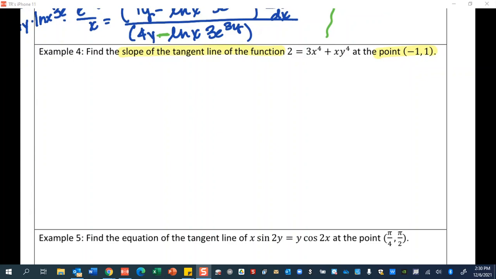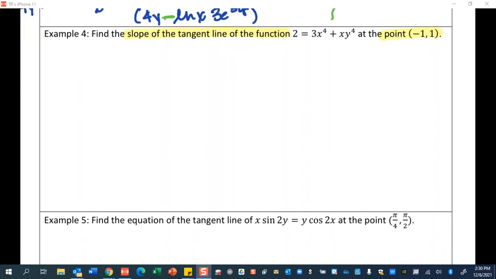All right, let's do example 4 together so you understand what it is that you're doing. When we find the slope of the tangent line, we know that means you're asked to find the derivative. So that's our derivative. So we're going to go ahead and say 2 is equal to 3x to the 4th plus x times y to the 4th.